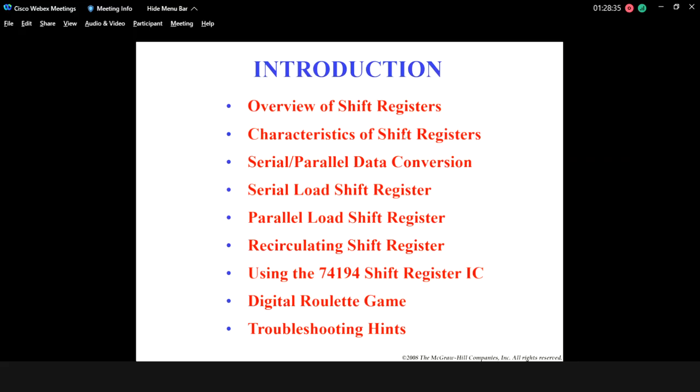So we have several types. We can have serial or parallel data conversion, and we also can have a serial loop shift register or parallel loop shift register.